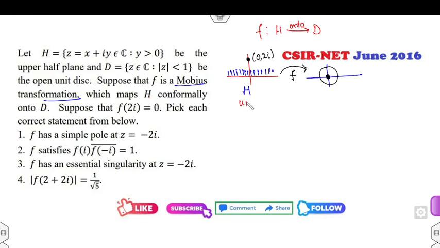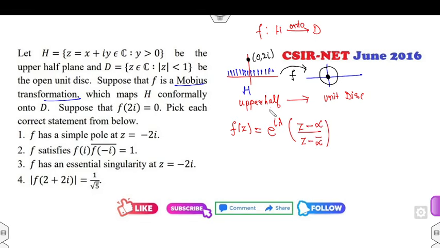That means this is my upper half plane. Upper half plane maps to the unit disk. So by the Mobius transformation, what kind of function is obtained? E raised to power iota lambda, z minus alpha over z minus alpha conjugate. That is the only function which transforms the upper half plane to the unit disk.